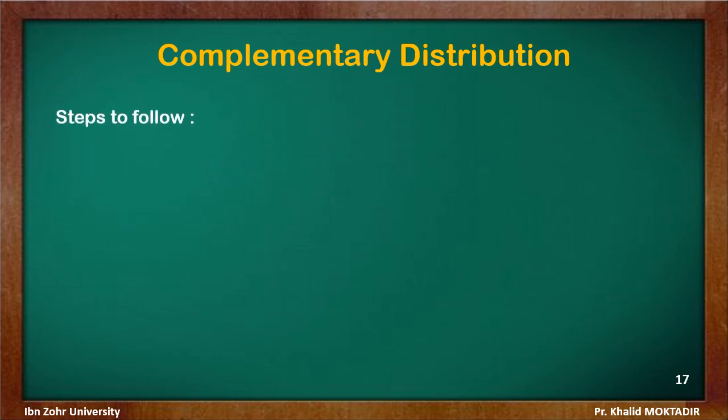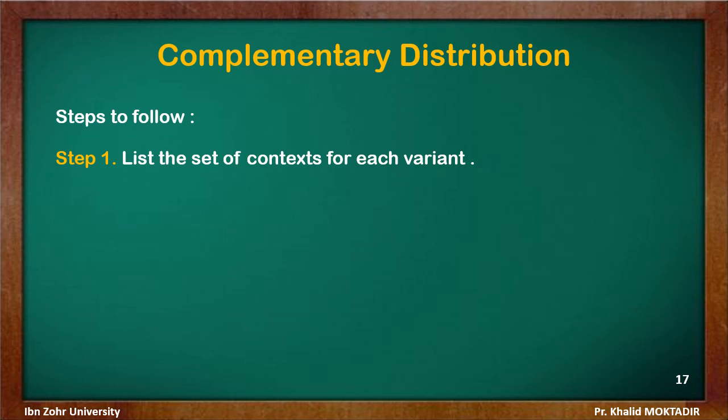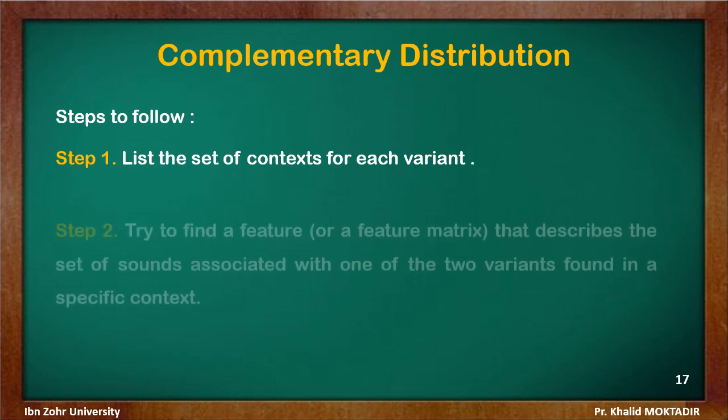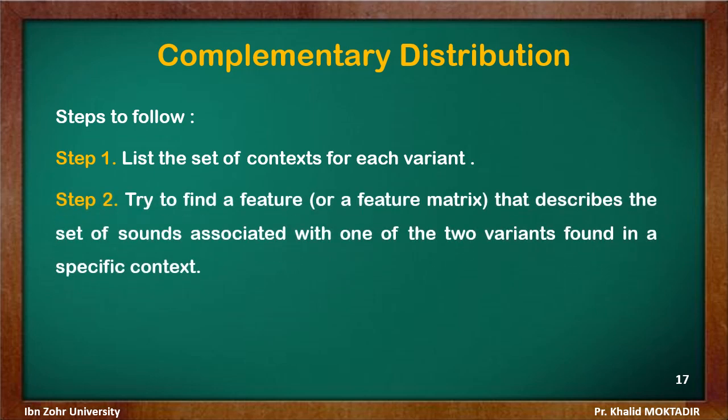Okay, here you have the steps to follow that we have somehow already seen. The first thing you have to do is to list the set of contexts for each variant, and one of the best ways to do it is to draw a chart and specify the context for each variant. Now, the next step is you try to find what feature these contexts have in common. What is it that they share?